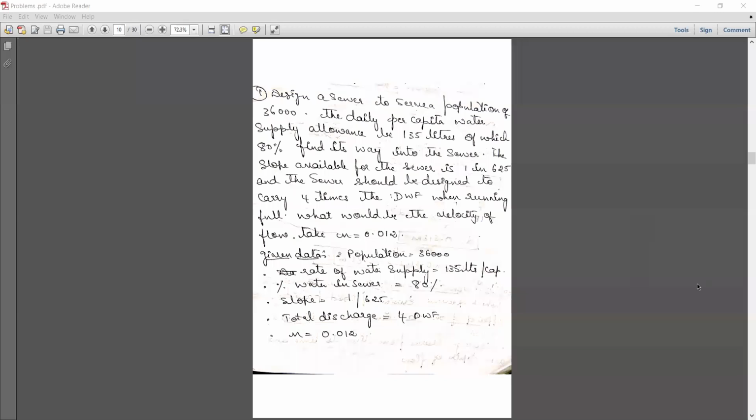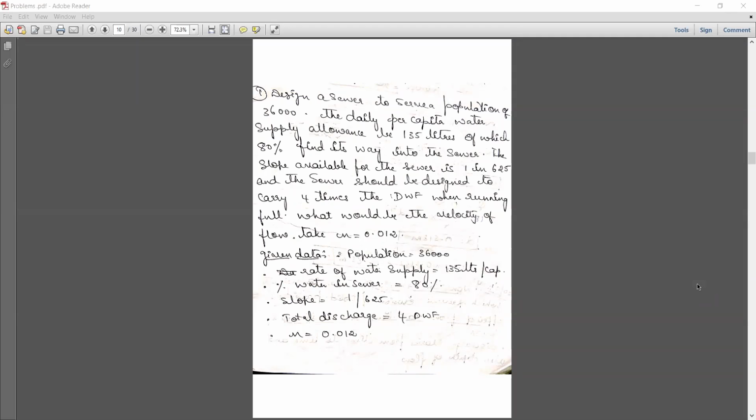Your exams will start from the 15th onward. I think the first exam is municipal industrial wastewater. These problems will be there for the exam. There will be two types of questions, just like last time.